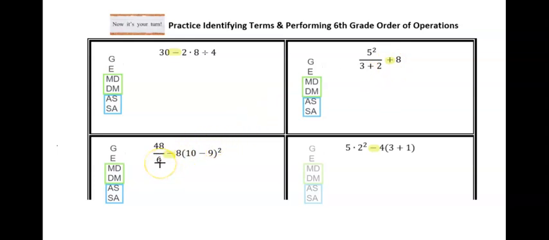In the third example, you have 2 minus signs, but again, we do not highlight the ones that are inside the grouping symbols because it's part of the term 8 times 10 minus 9 squared. So we just highlight this to separate the 48 divided by 6 from the term 8 times 10 minus 9 squared.